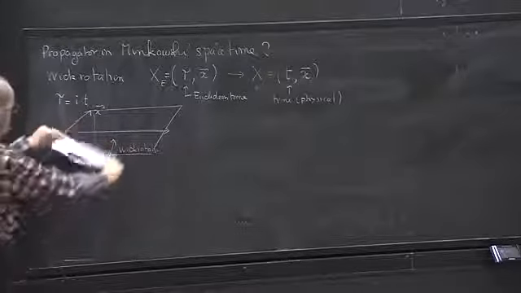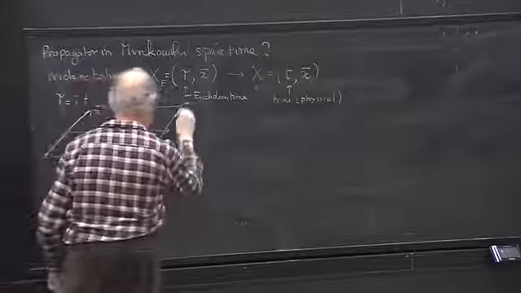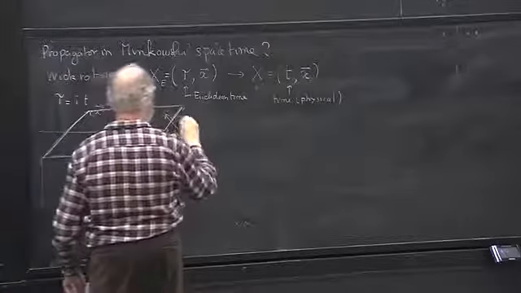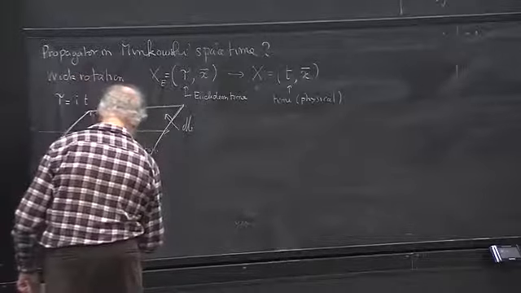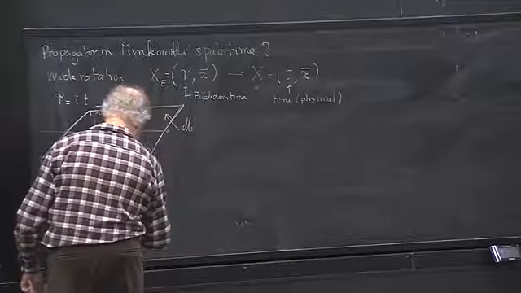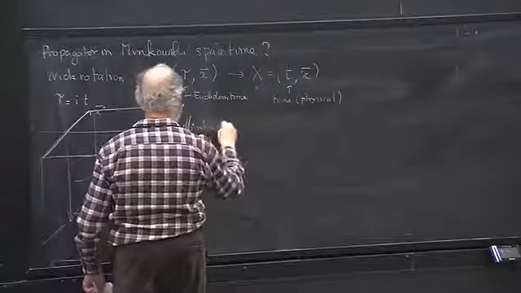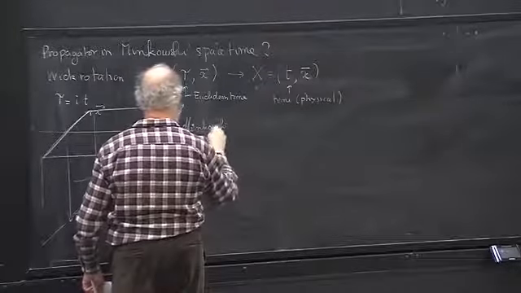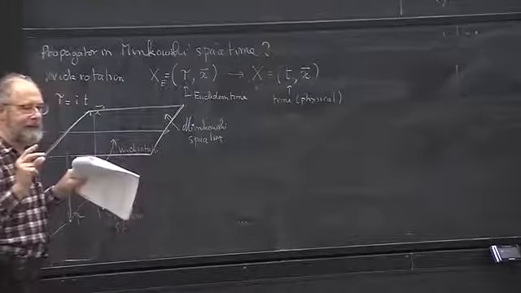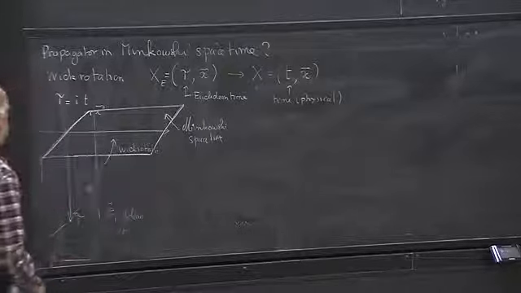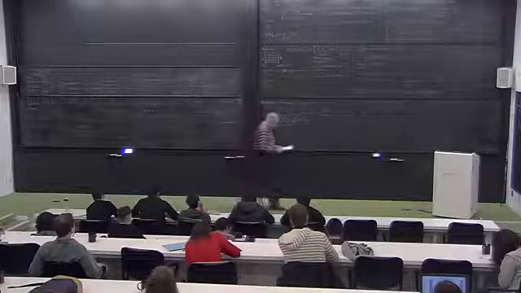So I'm going from this to this. So this is my Minkowski, and this is my Euclidean space-time. So I rotate time, but I keep x fixed. Okay?